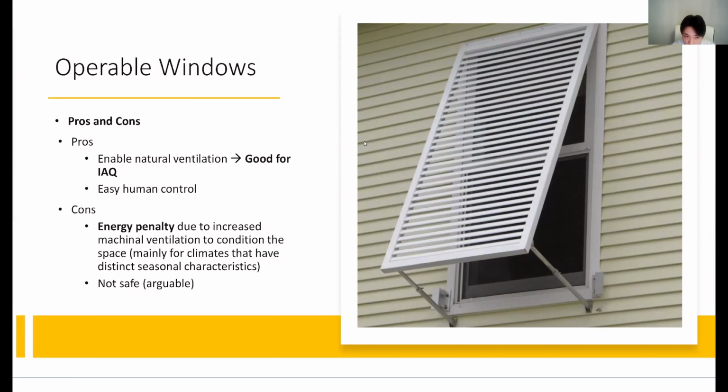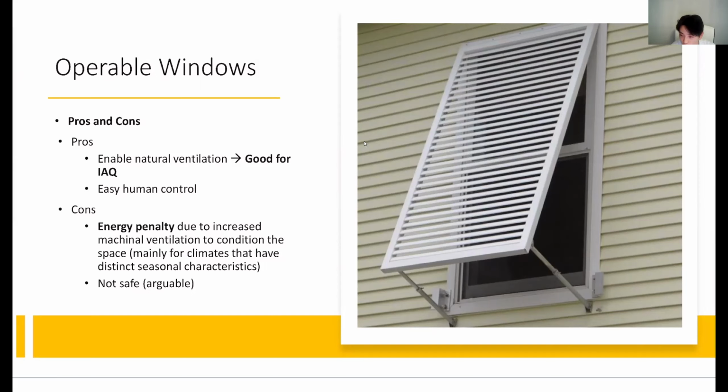The pro side is that you really enable natural ventilation. As I talked about before, if we don't want mechanical ventilation to have such an energy usage, you may have operable windows to control the air movement with no energy penalty, at least for the actual operation of this ventilation mechanism, right? You just open the window and the air comes in, and there's no energy associated with that.